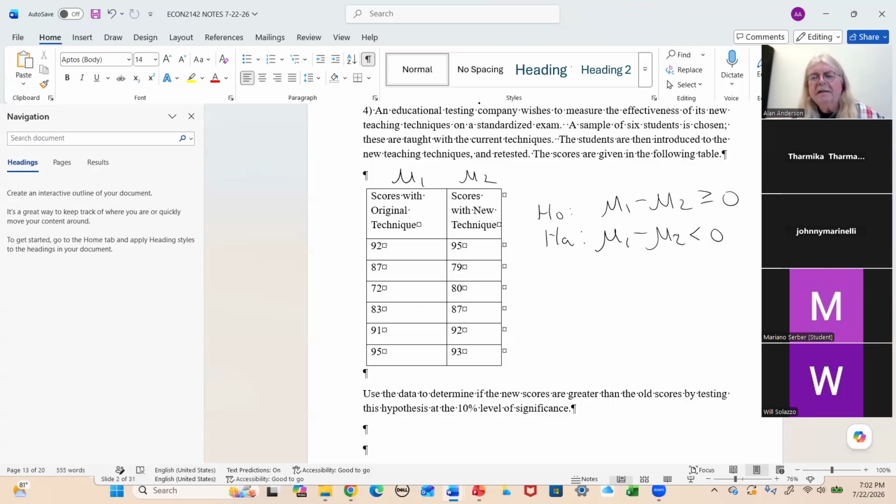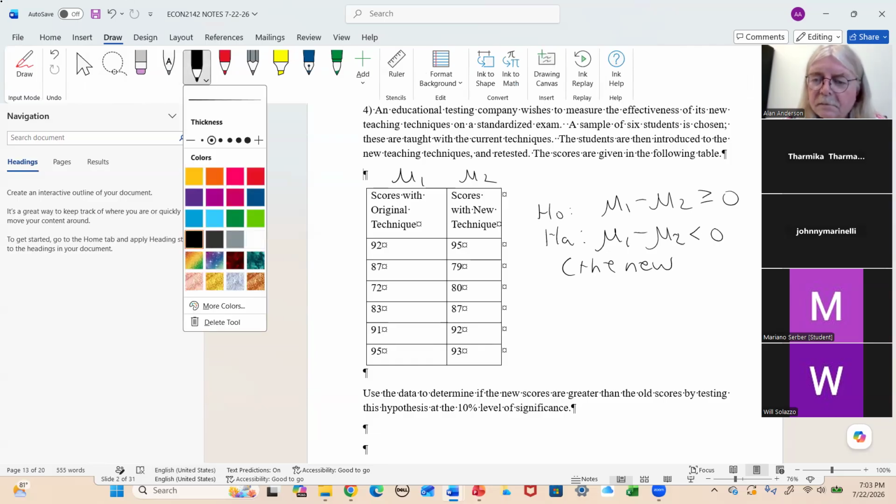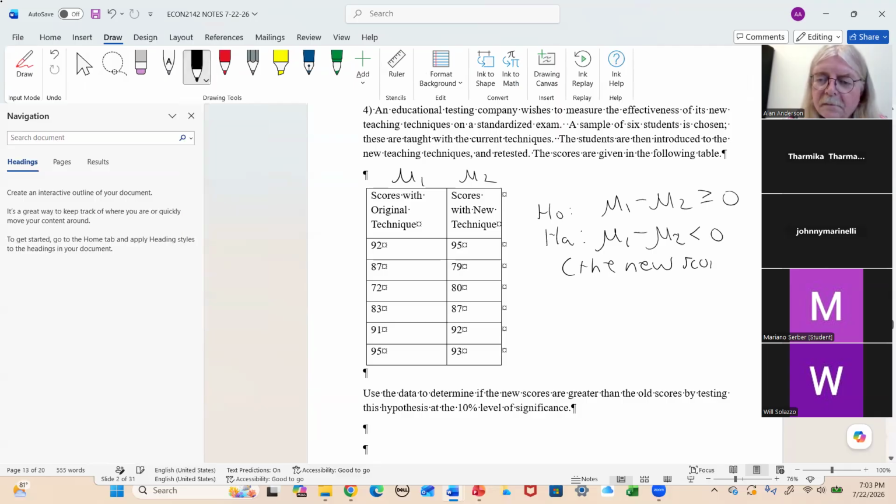So the null would be that it's not an improvement. So the alternative is that the new scores, it's actually not the scores, it's the technique that we're using to study for them. Let me fix that. Better.